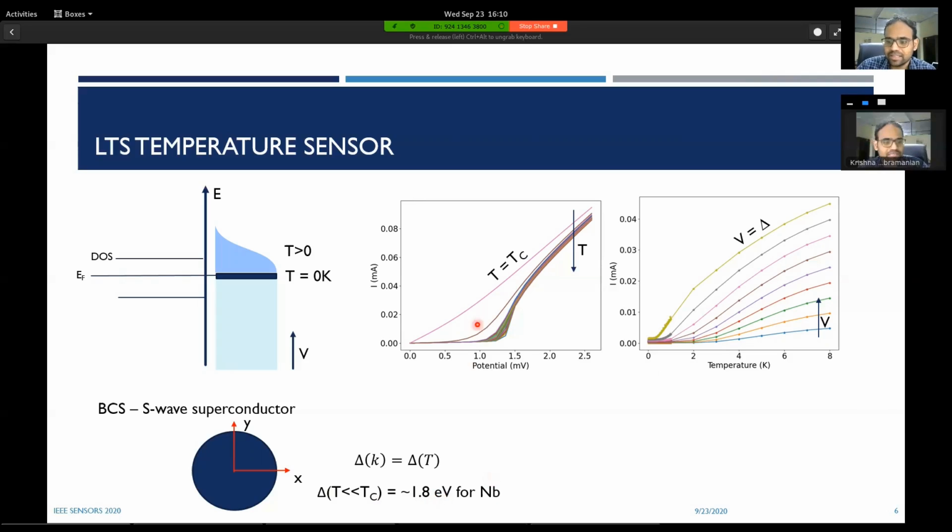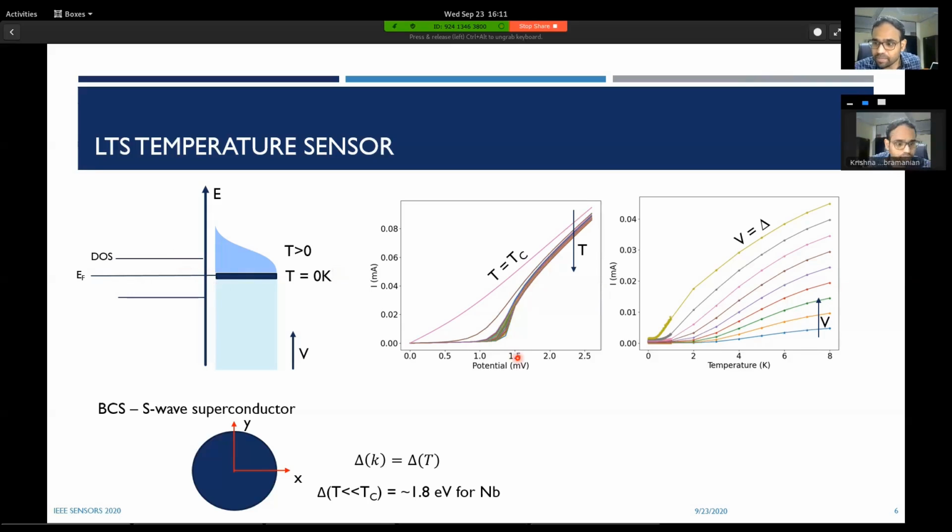You can see that the current is almost zero when the bias potential is lower than this order parameter, right? And as you raise the temperature at any given potential, you can see that the Fermi distribution, the electron distribution, starts to soften up, and you can have electrons with certain energies higher than the energy gap, which can tunnel depending upon the transmission probability, right?